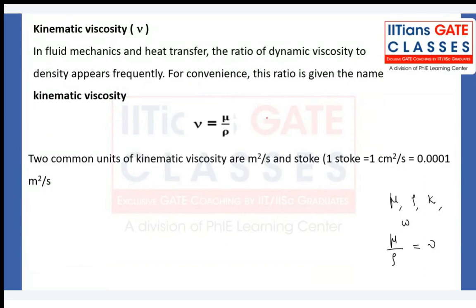Now what is the unit? The unit of viscosity we know is Pascal second, and density is kilogram per meter cube. I'm talking about the SI unit. Pascal second we can write as Newton per meter square second, divided by kilogram per meter cube.